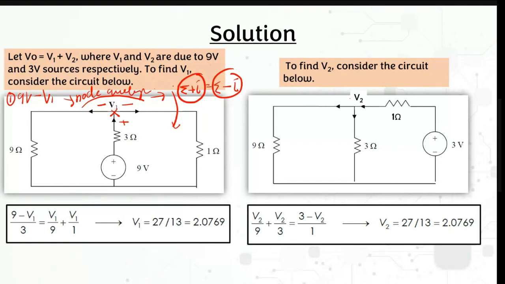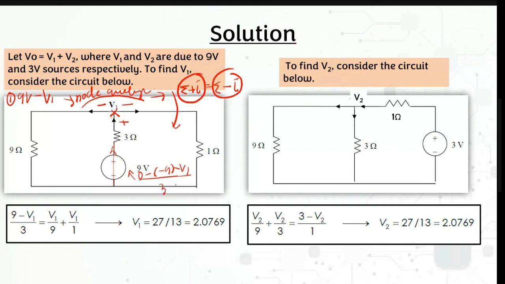So you have 1 positive current and 2 negative currents. For the positive current, you will have 0 minus minus 9 over 3, minus V1 over 3.